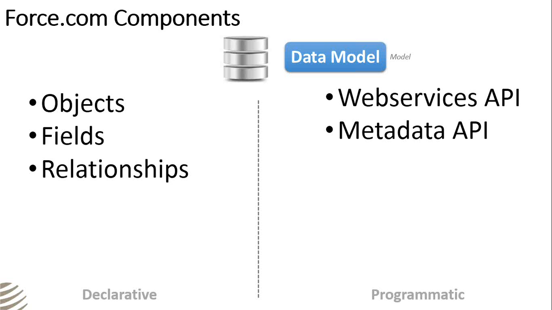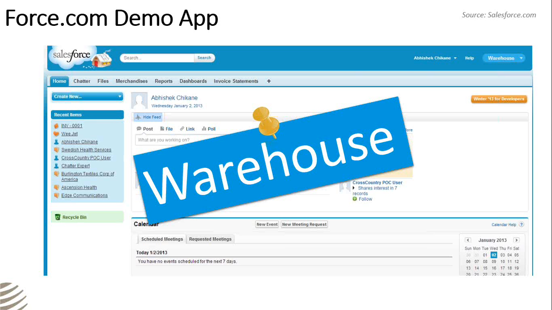By using it, you can programmatically deal with your data model. So these are the components provided by force.com for these three tiers, that is user interface, business logic, and data model. And these are the features available.